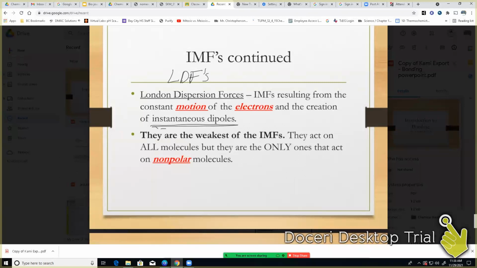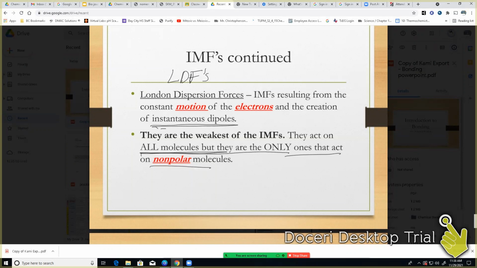So not a dipole that stays, but the electrons in the electron cloud just shift for some reason. So just for a moment, there's a positive and negative side, but then that'll change again. All molecules have this, but only ones that can use this type only are your non-polar molecules.